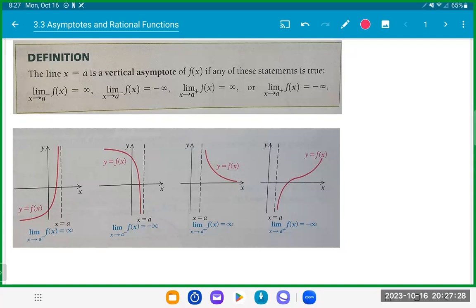Then we can say that there's a vertical asymptote, okay? If you think back to this section in Math 161, a vertical asymptote occurs, as I mentioned, whenever our denominator is equal to 0, okay? Any questions so far?